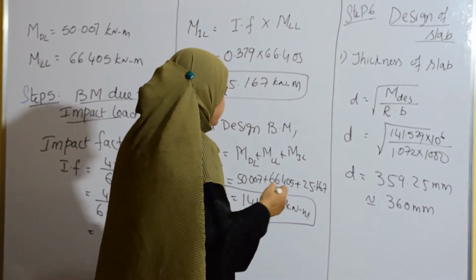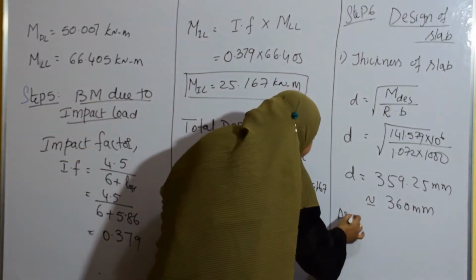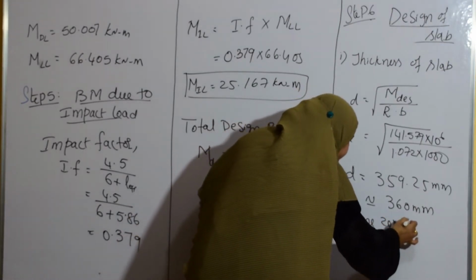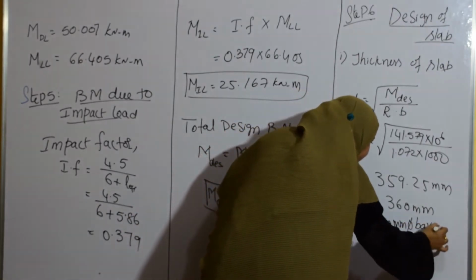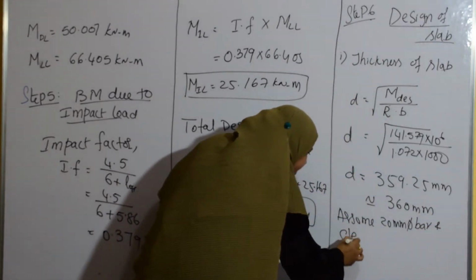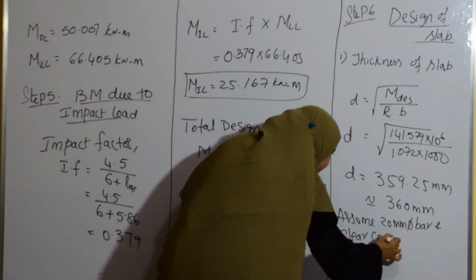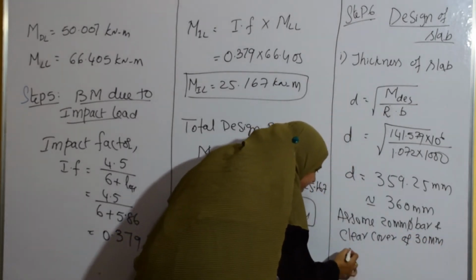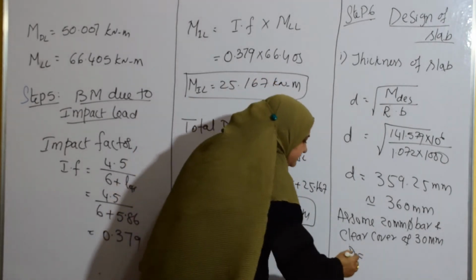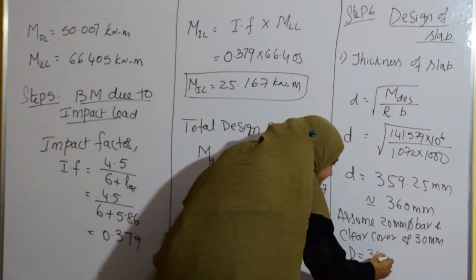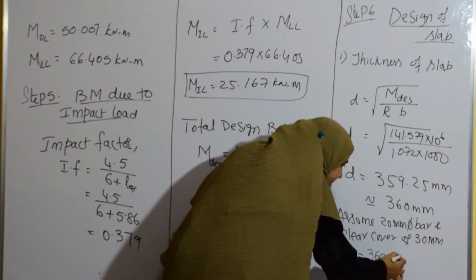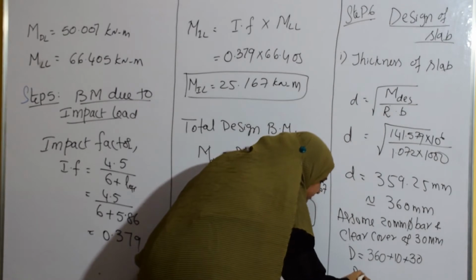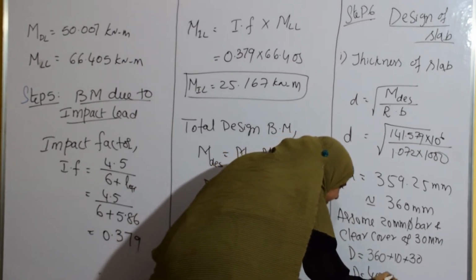If you assume a 20 mm dia bar and a clear cover of 30 mm, then the total overall depth of the slab will be effective thickness plus half the diameter of bar plus clear cover. So it is 400 mm.